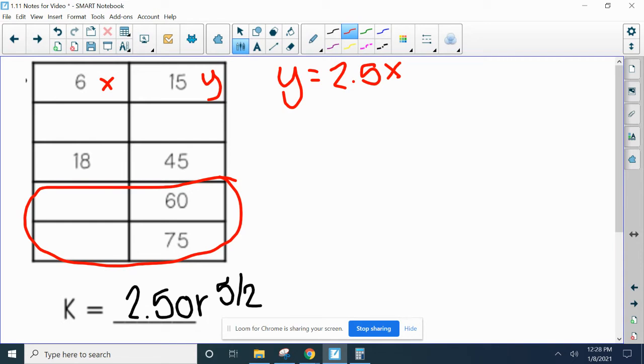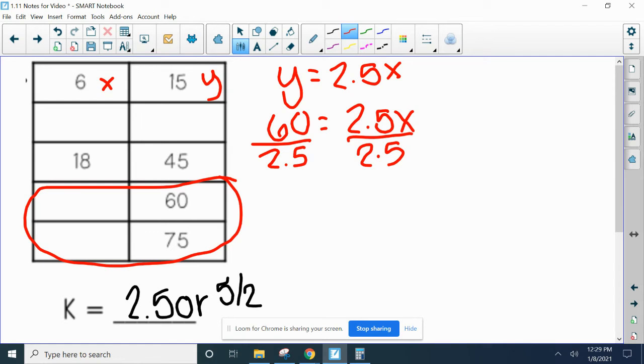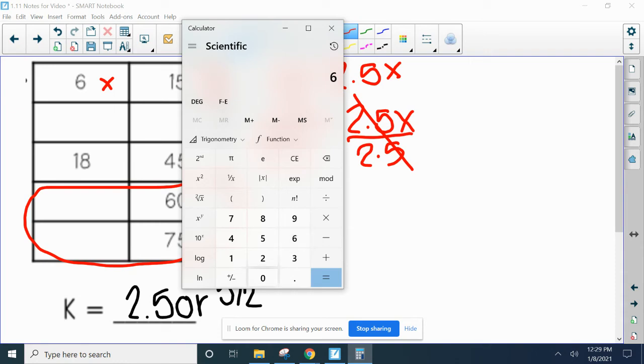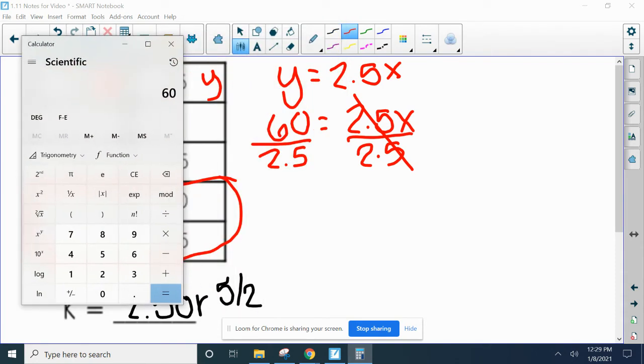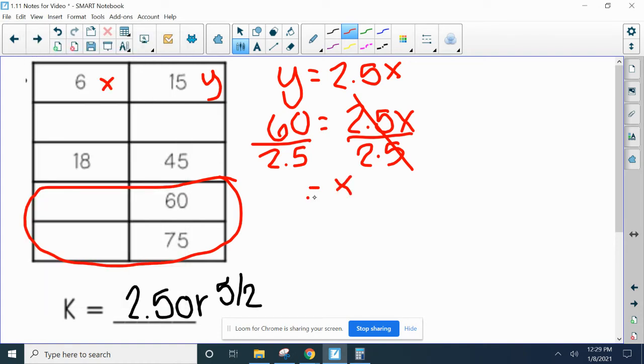Here, we're going to put y equals 2.5x. We know we get rid of multiplication with division. So this cancels. And we have 60 divided by 2.5 means that this x is 24. So we'll plug 24 in for x.